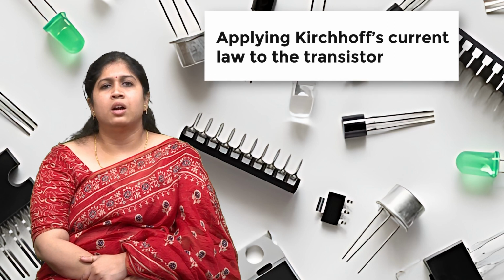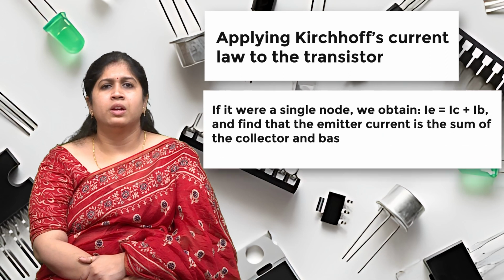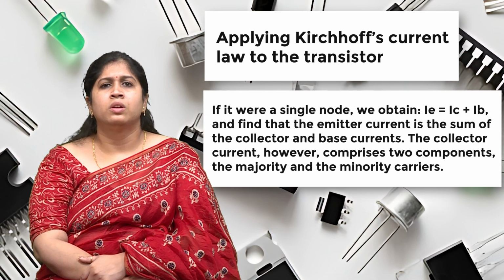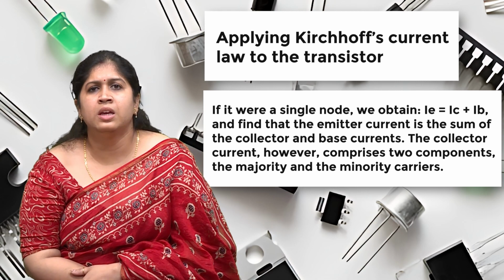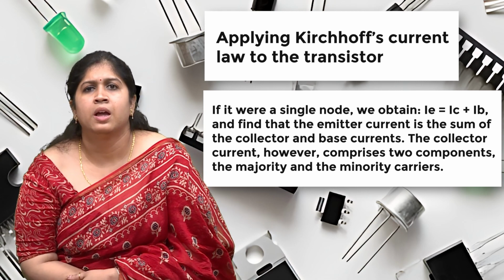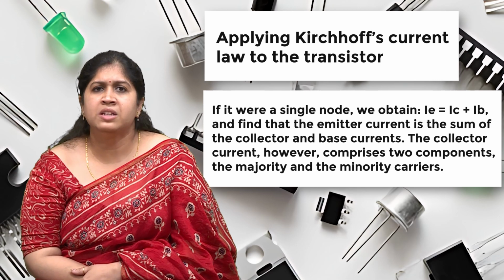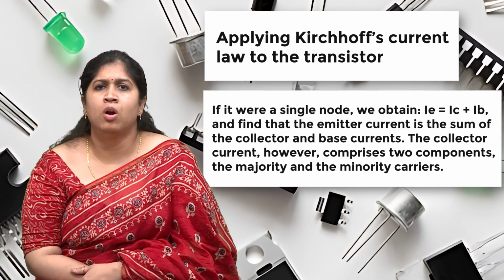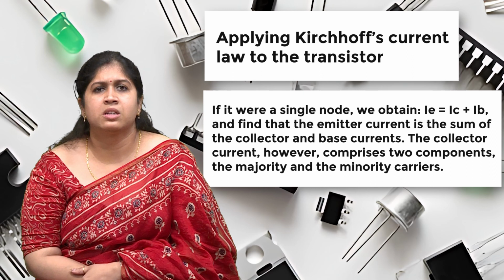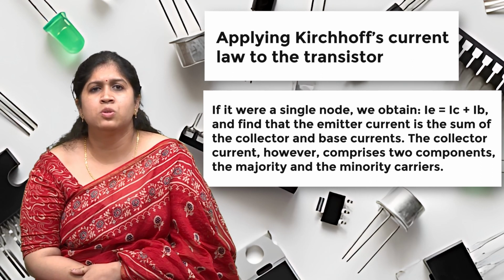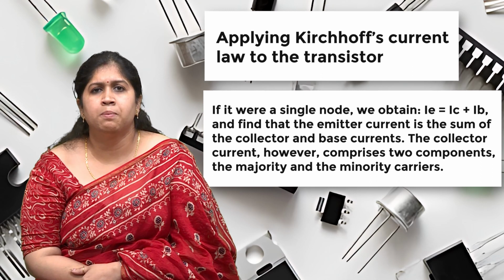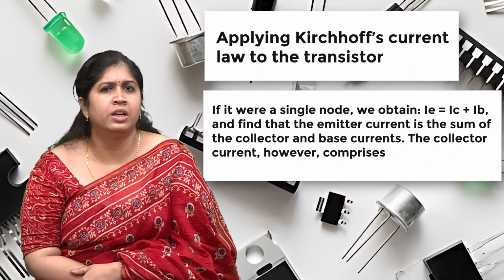Applying Kirchhoff's current law to the transistor, as if it were a single node, we obtain IE equals IC plus IB, and find that the emitter current is the sum of the collector and base currents. The collector current, however, comprises two components, the majority and the minority carriers.